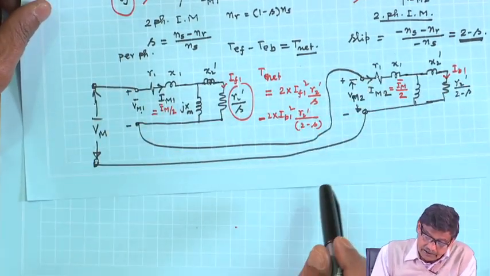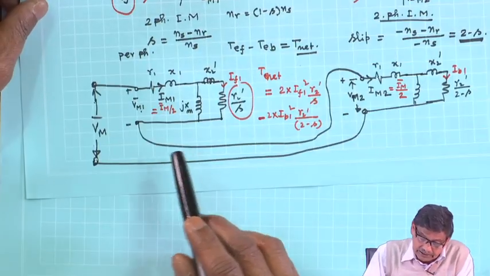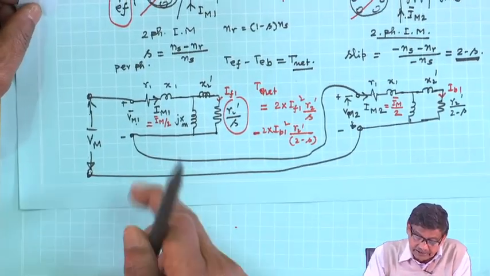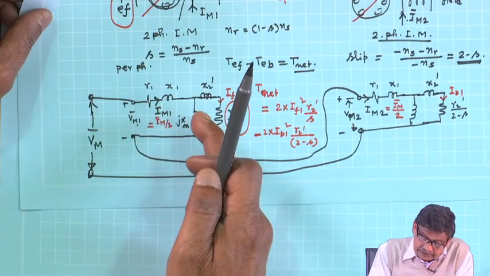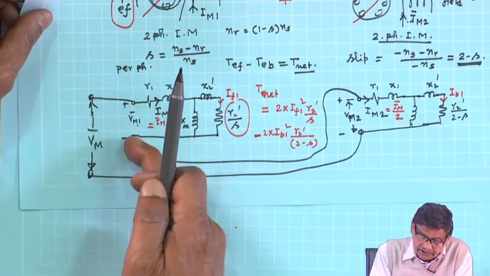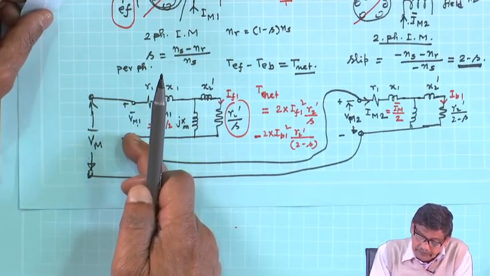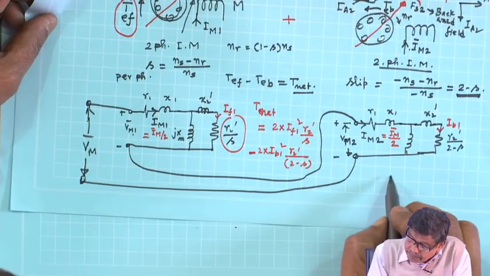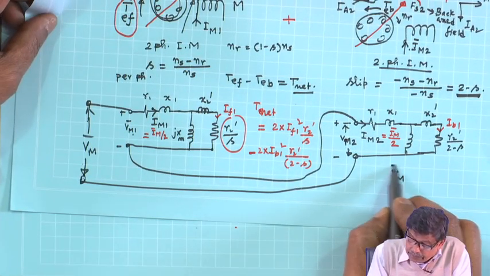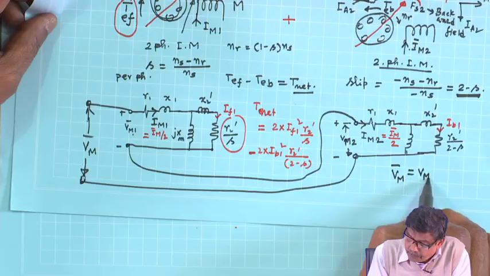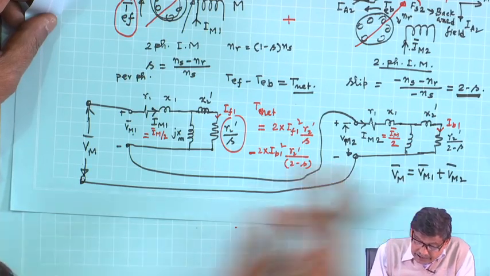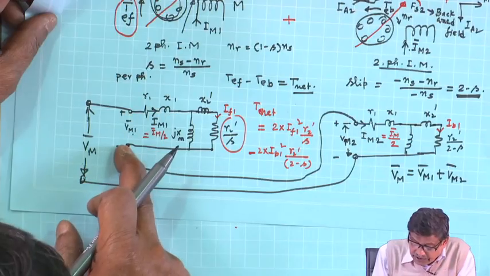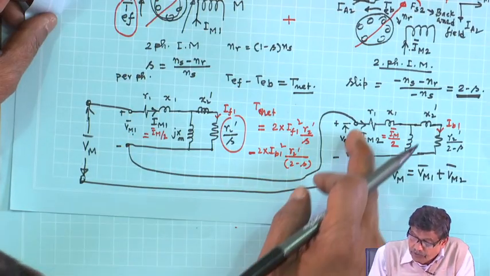I will do another important thing at this point: this is a positive sequence per phase voltage applied. So Vm, this actual applied voltage, will also have Vm1 plus Vm2, and that will be the voltage drop here and the voltage drop there.